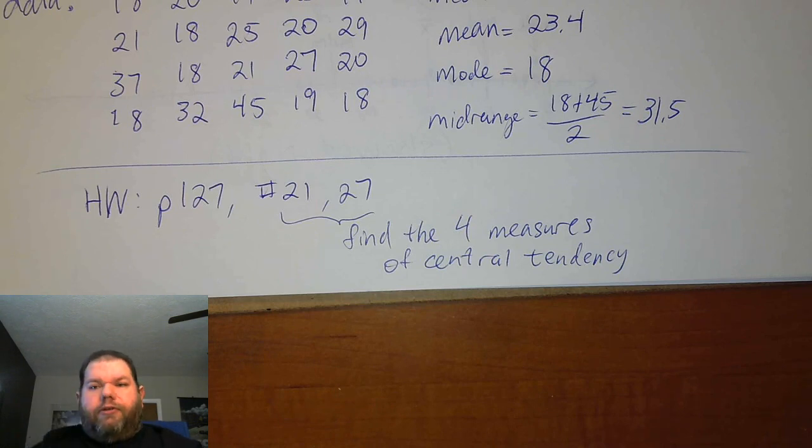So it also talks about creating a histogram and determining whether the data is skewed left or right, or if it's symmetric. If you want to, for those two problems, you could do a number line plot like I showed you before, and kind of use that to figure that out if you like.